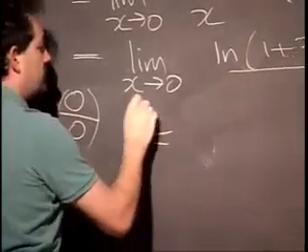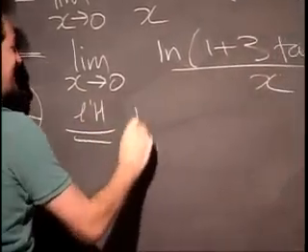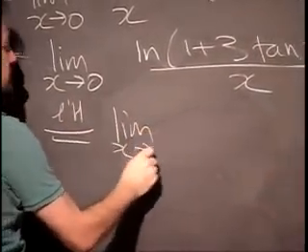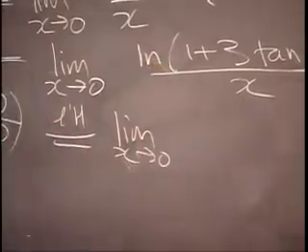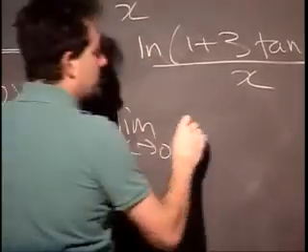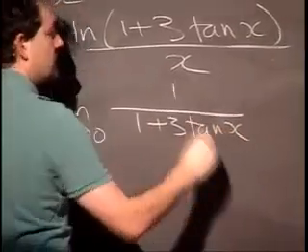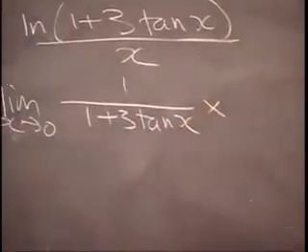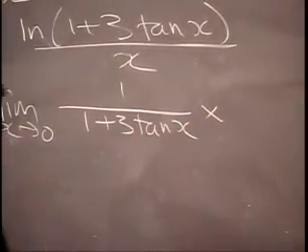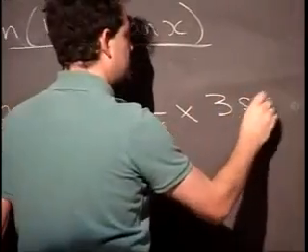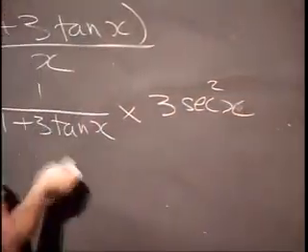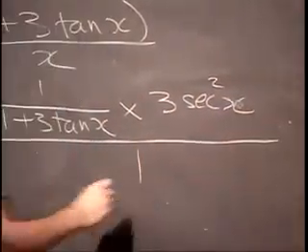We can use regular old L'Hopital's rule to say that this is the limit as x goes to 0. The derivative of log of something is 1 over that something times the derivative of that something. The derivative of tan x is secant squared x, all over 1.